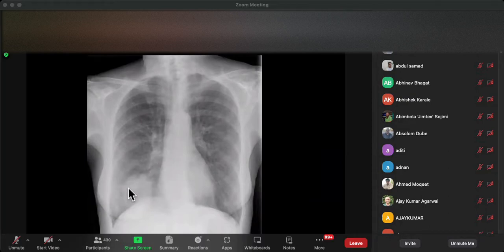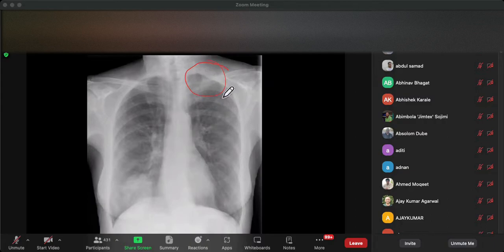Patient's got lung cancer, but they're also complaining of left shoulder pain. That rib has gone up on the left-hand side.